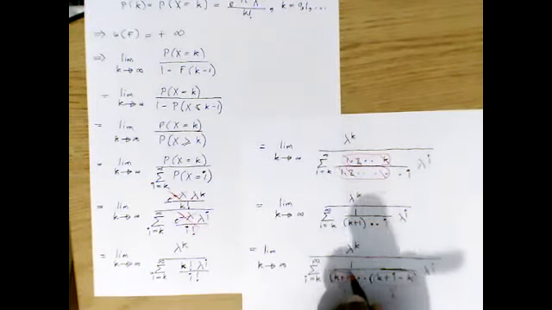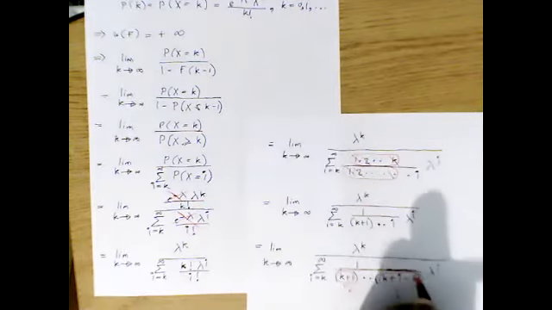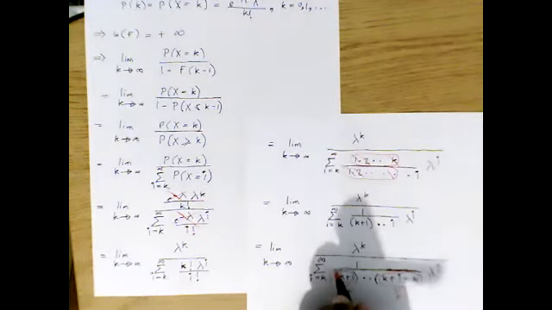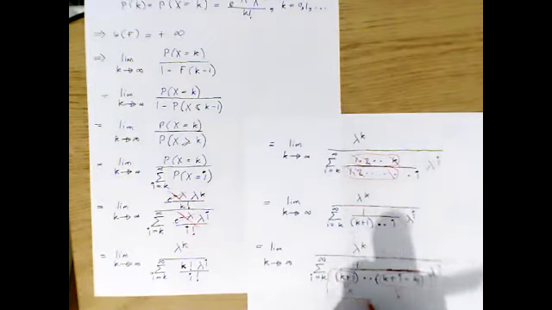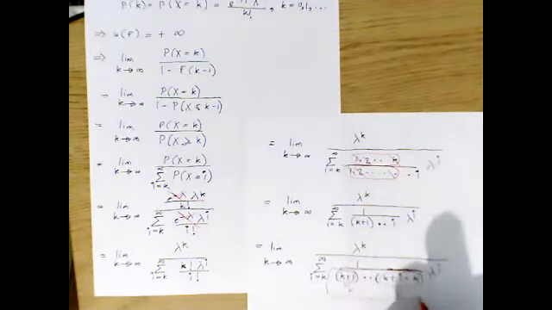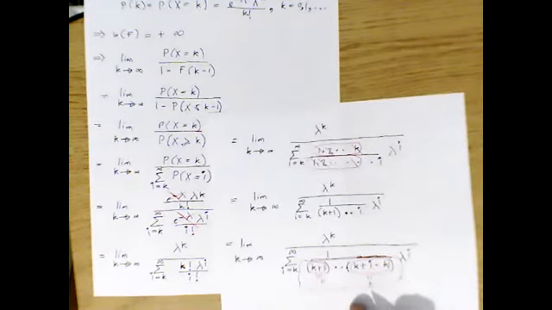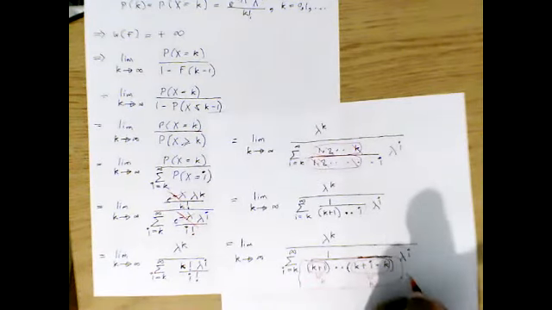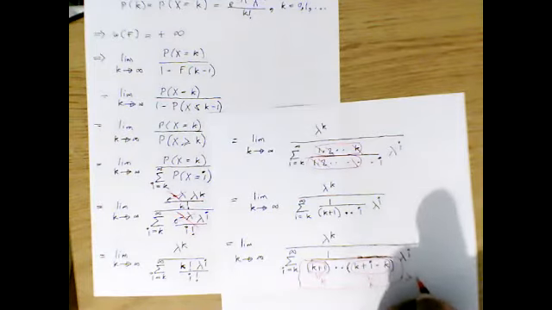So each of these numbers in the denominator is greater than or equal to k, right? So what you have is that this whole thing here has to be greater than or equal to k to the power i minus k.